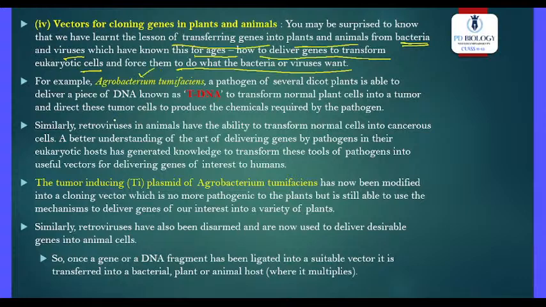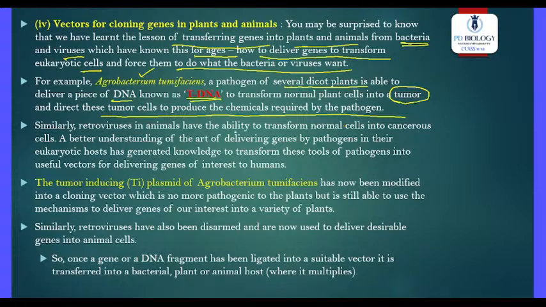Agrobacterium tumefaciens, a pathogen in several dicot plants, is able to deliver a piece of DNA called T-DNA to transform normal plant cells into tumor and direct this tumor cell to produce a chemical required by the pathogen.